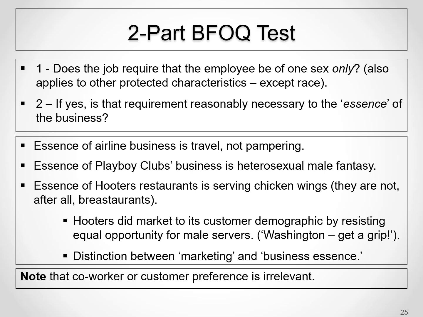So there was a difference between their marketing versus business essence when justifying this, because they both had similar cases brought against them with prospective male employees that were not even considered. In the case of Playboy, they were successful in their claim that it was important to hire women for this role. In the case of Hooters, they were unsuccessful in their claim that it was essential to hire only women for their role.